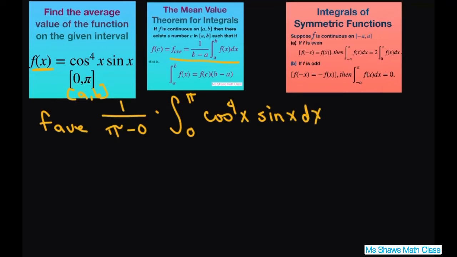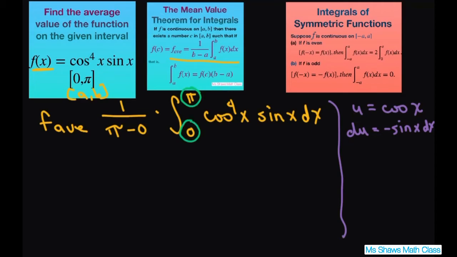All right, so we're going to use the substitution method and let u equal cosine of x. So the derivative, du, equals negative sine of x dx. But when we use substitution, we have to look at the limits.